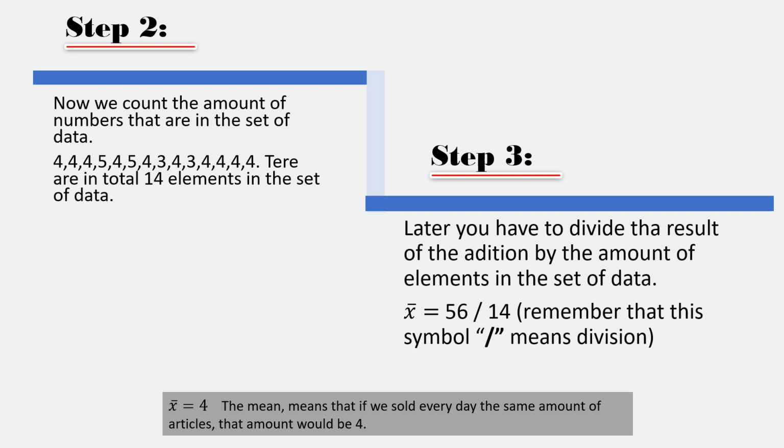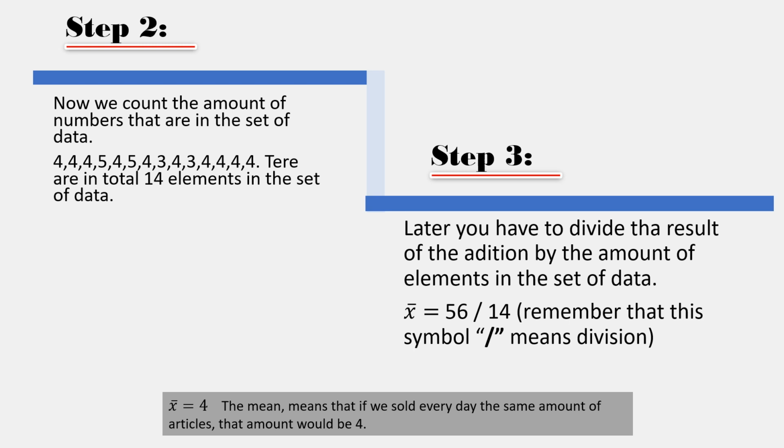And what does the mean work for, or what is it used for? Well, the mean is used to imagine that more or less all the days sold the same amount. So what would be that amount? Actually 4.